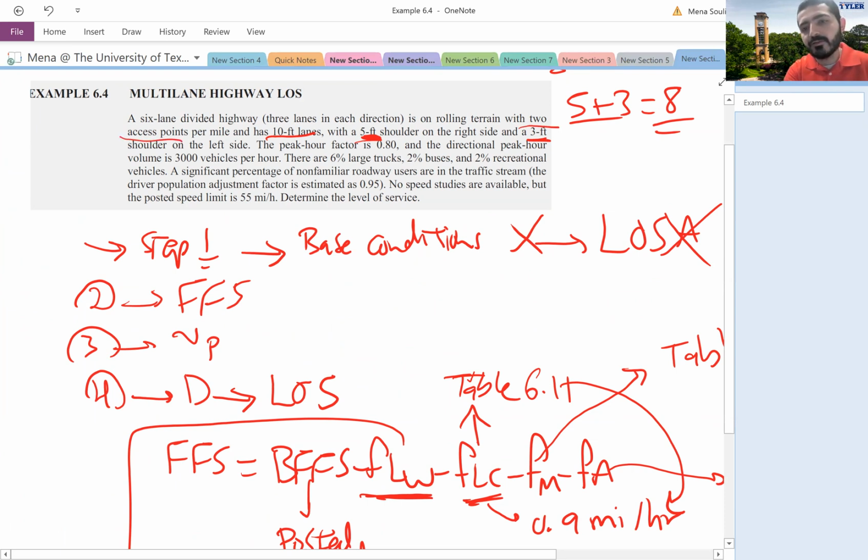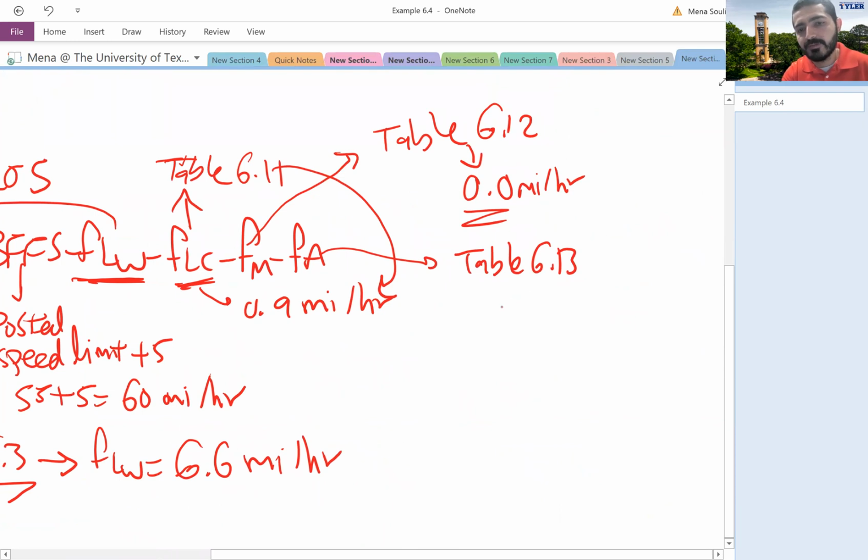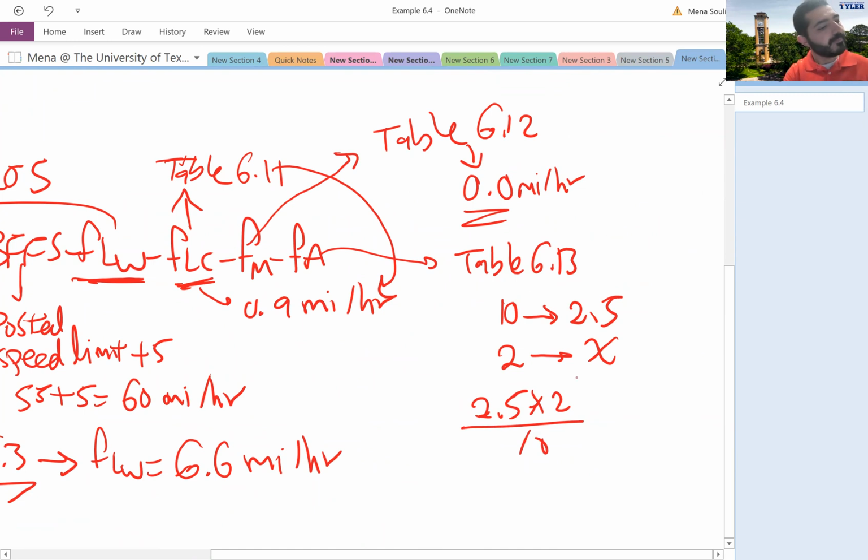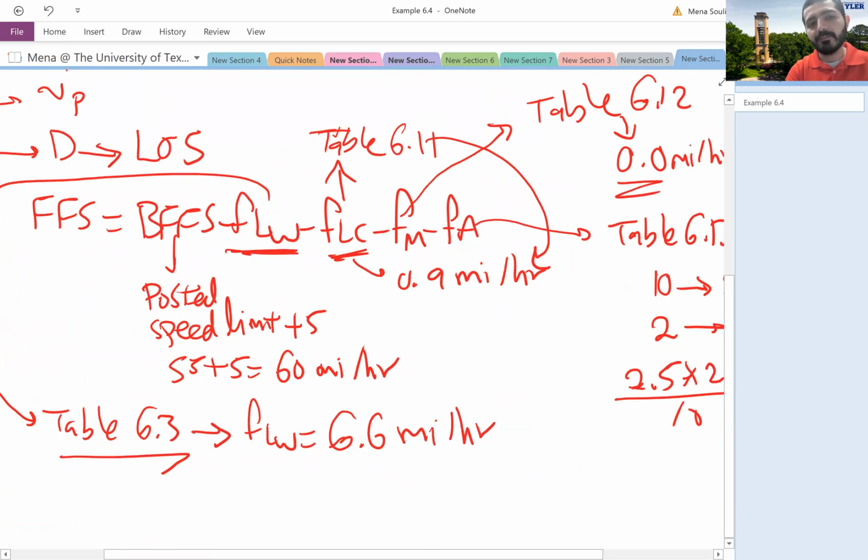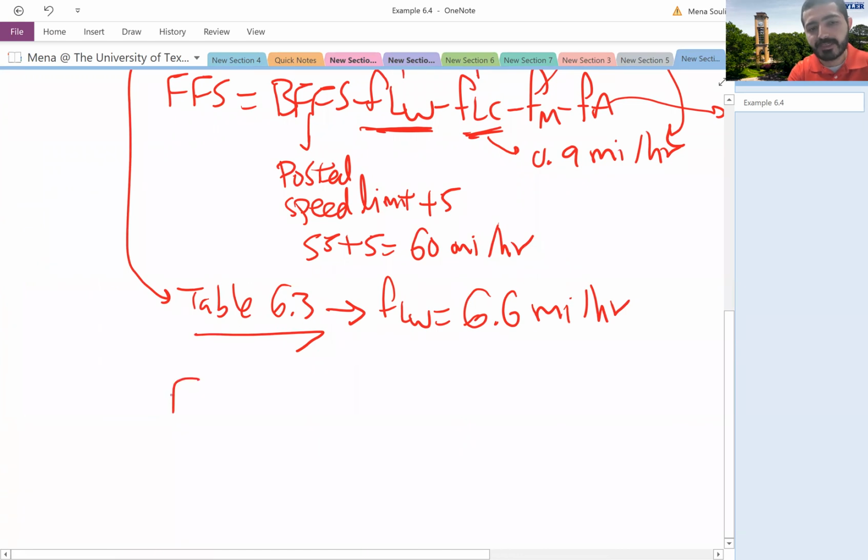Very, very little. So again, using the table, if I have 10 access points, I'm going to have a reduction of 2.5. If I have 2, how much is that? So 2.5 times 2 over 10, and that's going to get me to 0.5 miles per hour.